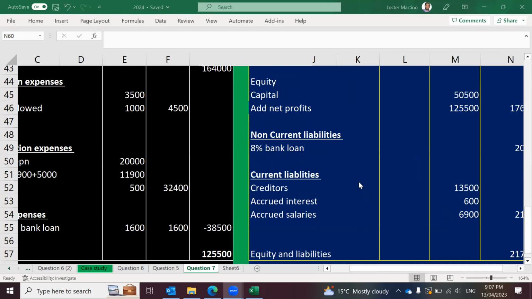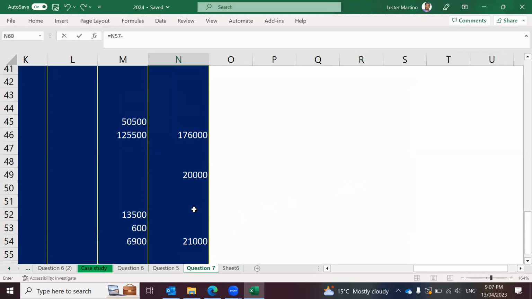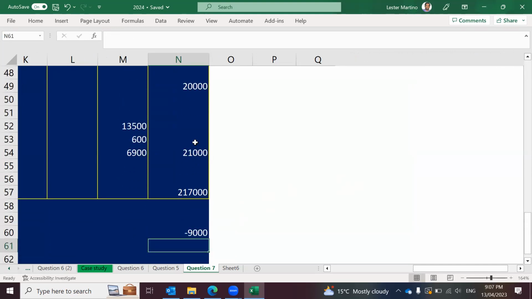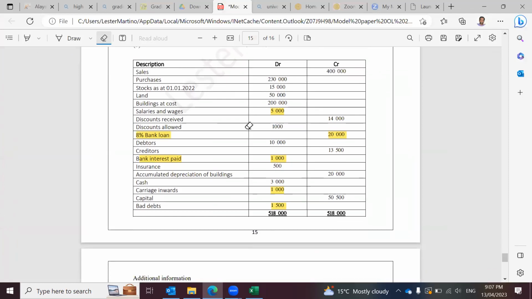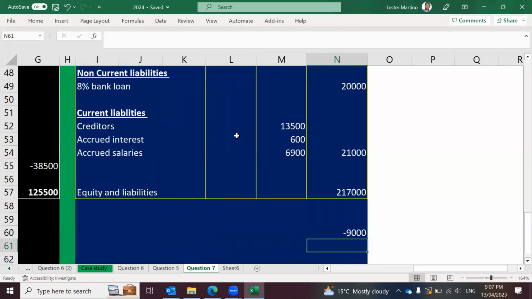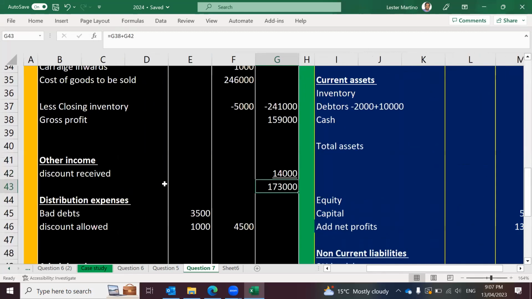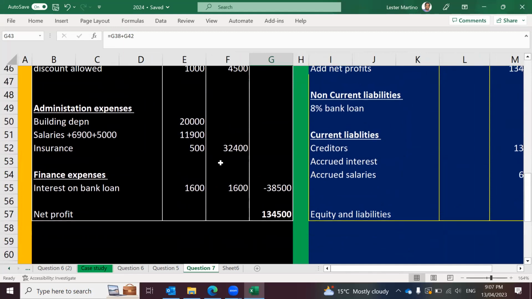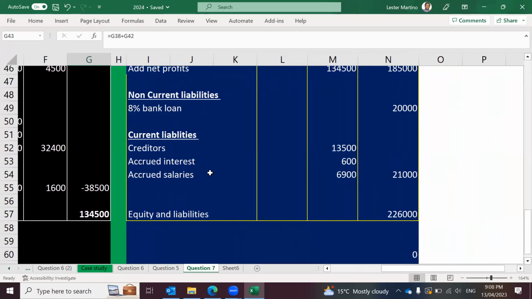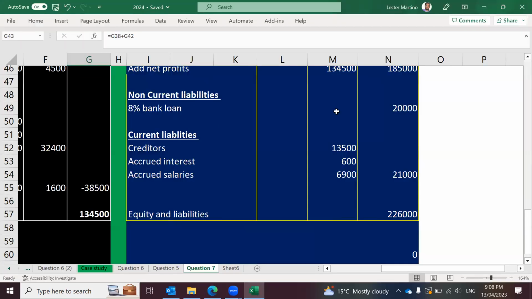Hold on, the difference is 9,000. Hold on, discount receivable is 14,000. Made a mistake here. It should be 14,000. I apparently took the wrong one. Yeah, discount receivable is 14,000. So in case you come across any difference, you just see the balance and based on that you can quickly adjust.